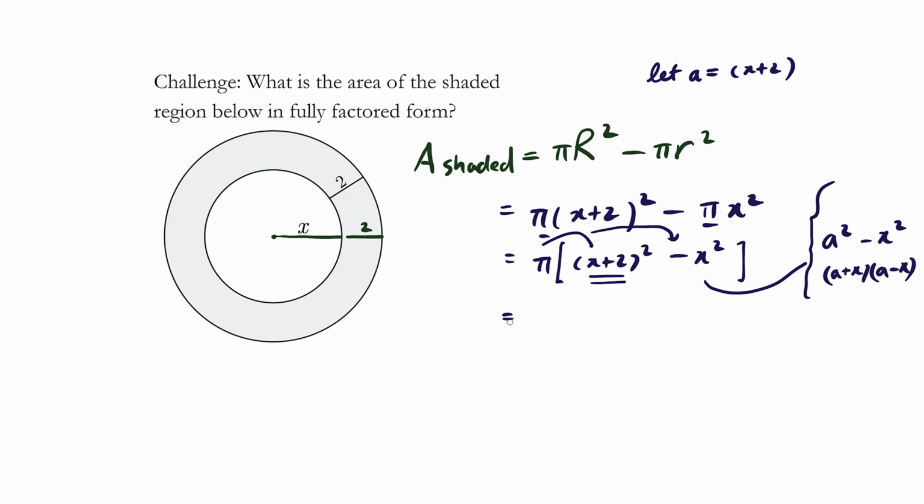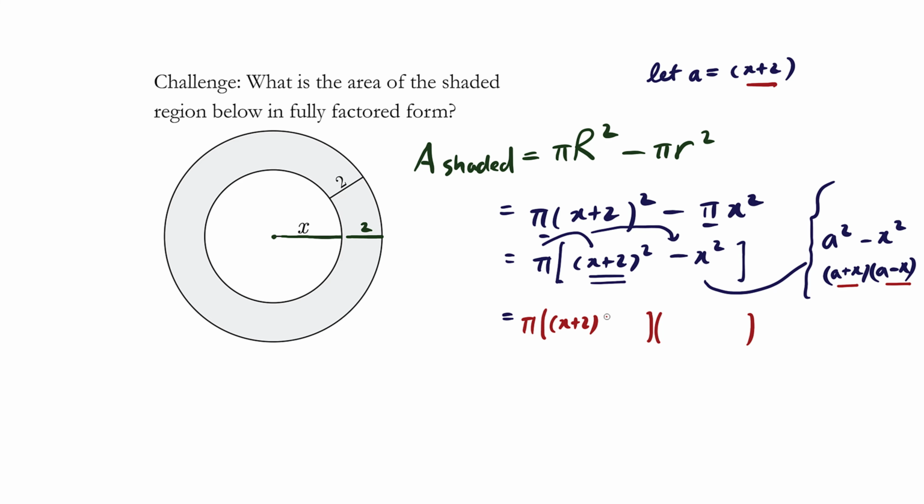So let's do that. We're going to leave this pi alone. Let's set up some big brackets here. And so what we have is a squared minus x squared is going to be a plus x, a minus x. And what is a? A happened to be x plus 2.